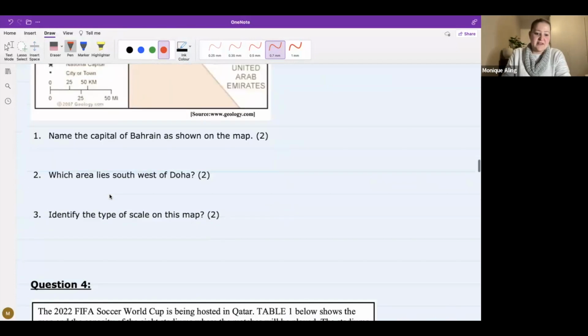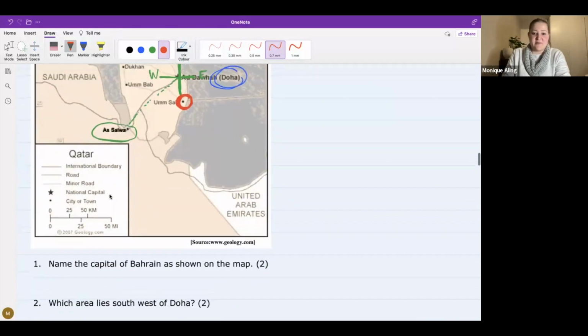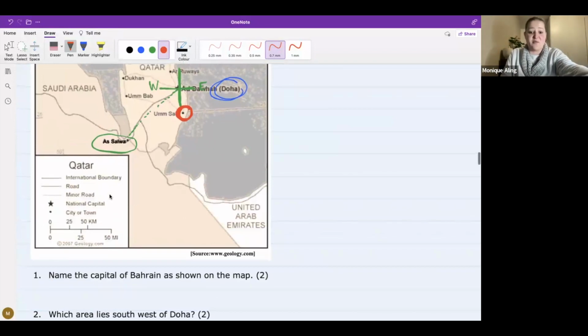Okay, then the last question. This is a nice, easy map work question. Believe it or not, this came from a prelim from last year. What type of scale has been given?